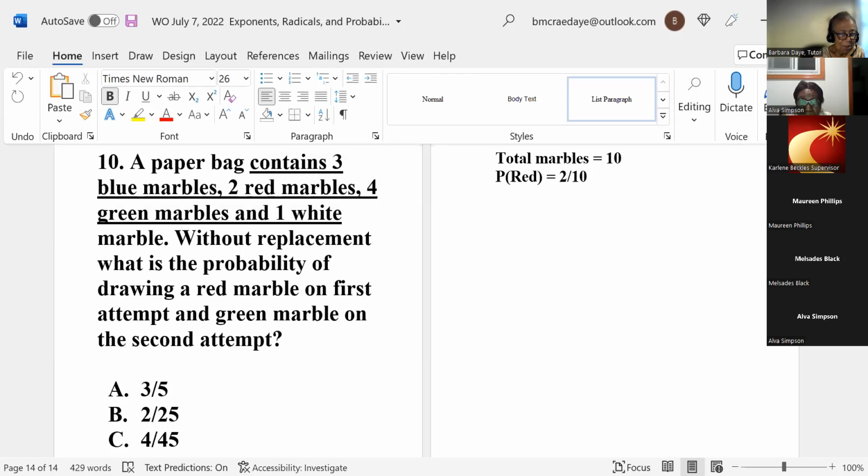So without replacement, we took a red on the first attempt. Now we want the probability of getting a green. So this would be the probability of getting a green. Okay, let's put green. What would that be, Maureen? 4 over 10.